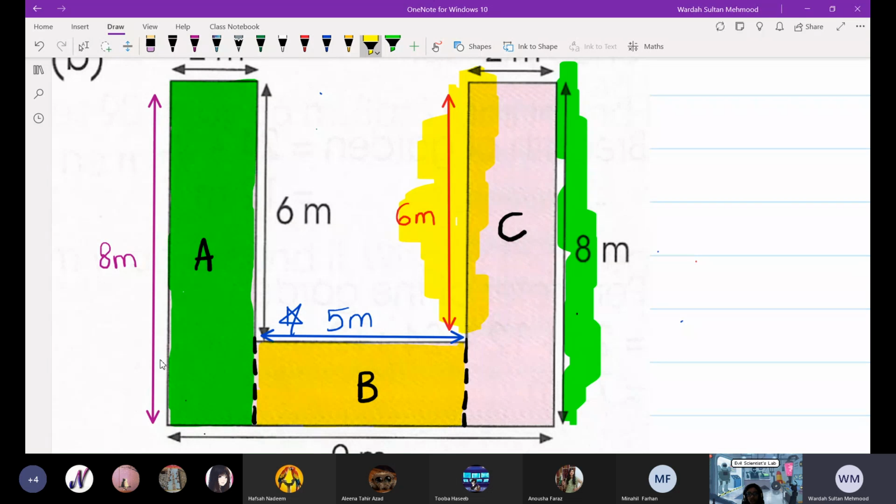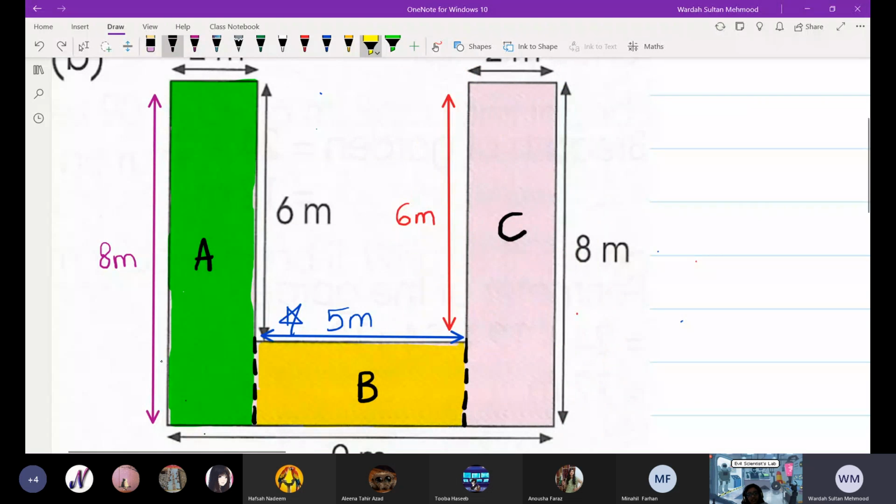This is 8 meters until here. Yes, you will subtract 8 minus 6. What will you get? 2 meters. You can do the working here on the side. 8 meters minus 6 meters equals 2 meters.